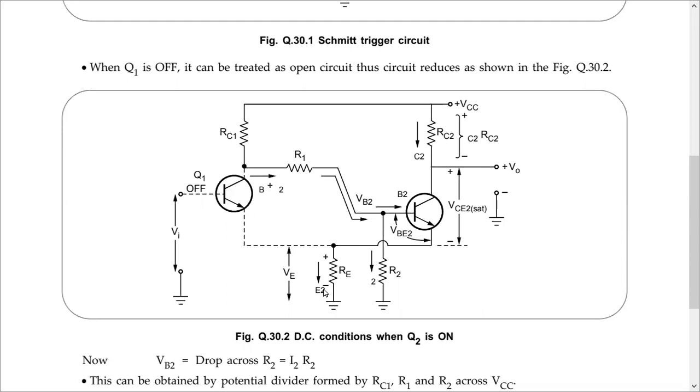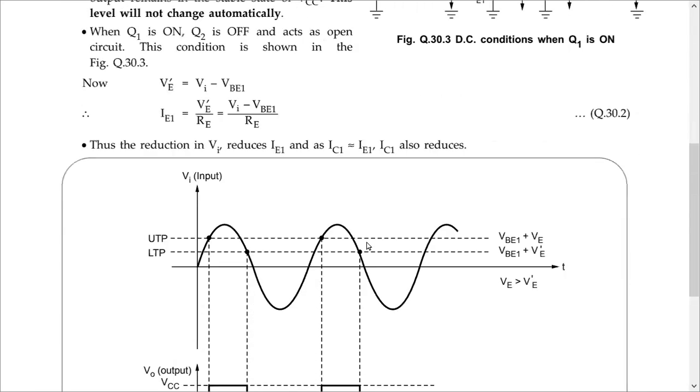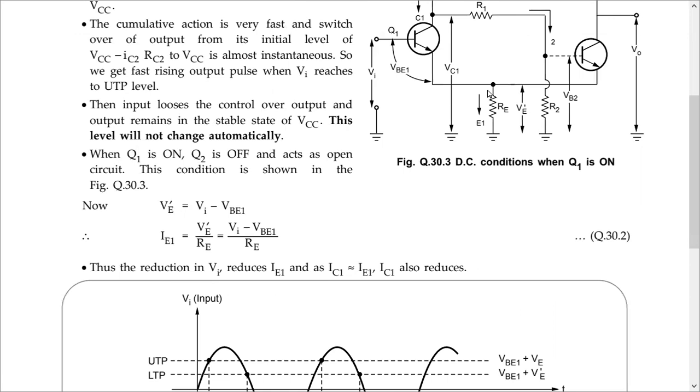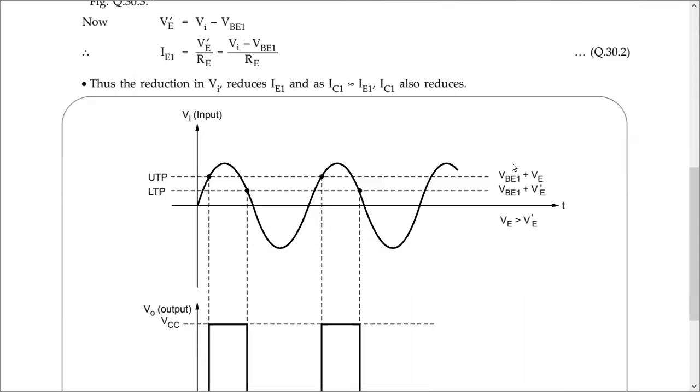Because the paths are different, the voltage VE at the emitter of the transistor will not be the same. It will change based on the condition, and that is the reason the upper threshold point and lower threshold point are not equal. That is the reason we are not just taking this as VE. In one case we are taking it as VE, in another case we are taking it as VE dash.